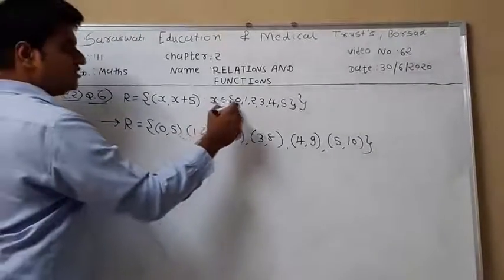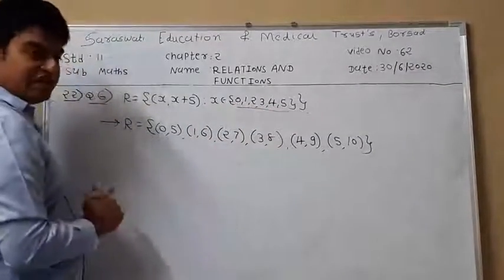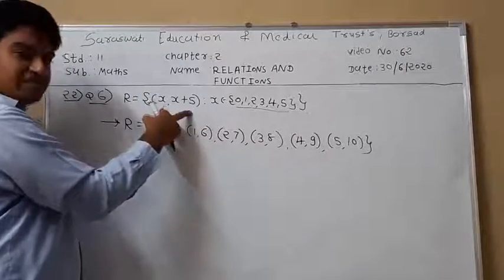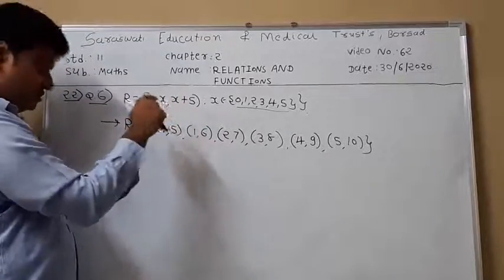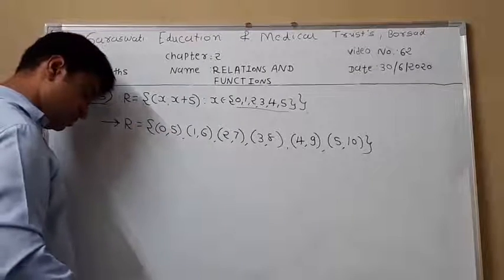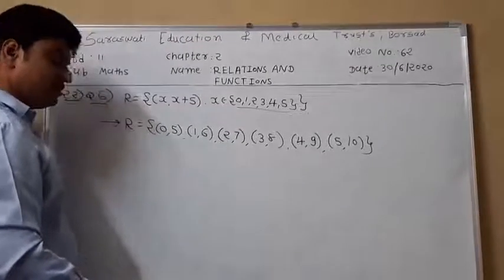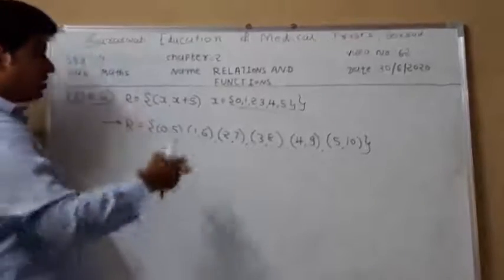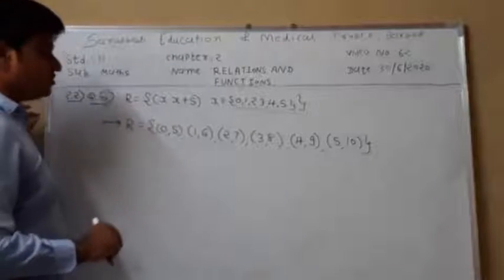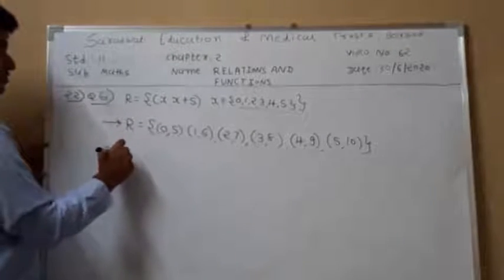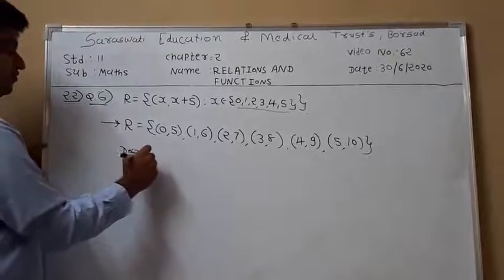So here x is equal to 0 to 5, these elements are present. Now here ordered pairs are present. In our question, the relation R is defined with a condition like this. Now our question is to find just the domain and range.